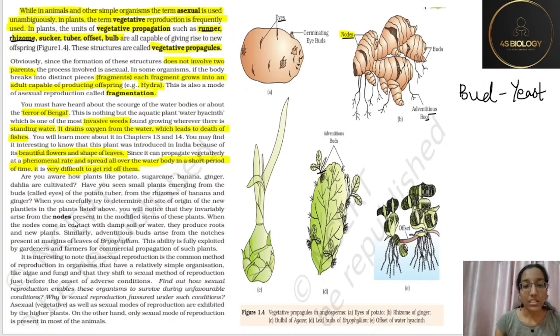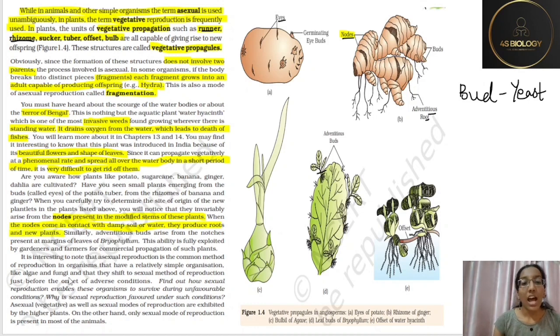Okay, what happens in this? Nodes are present on the modified stem of these plants. When nodes come in contact with damp soil or water, they produce roots, through which again a new plant is produced.